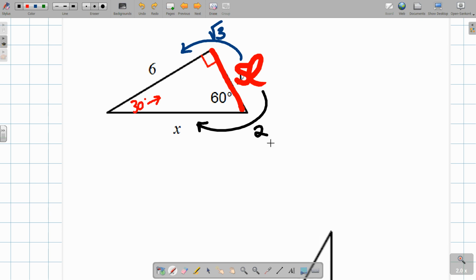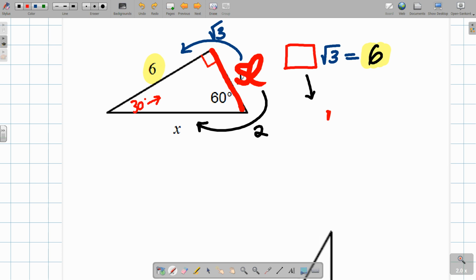To the long leg times root 3, to the hypo times by 2. So this reads now, there's nothing there at the short leg, so draw a box. We have something times root 3 gives us 6. And you ask yourself, what does that something have to be?